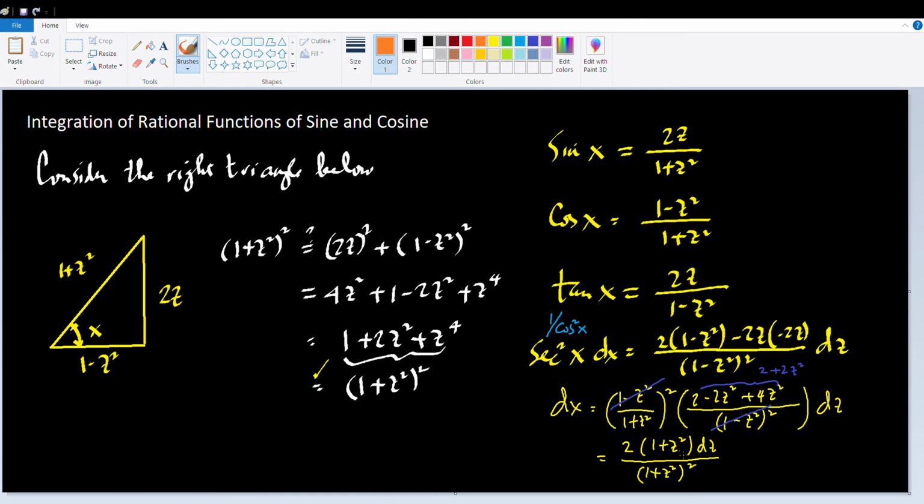And we can cancel 1 plus z squared. So therefore, our dx is equal to 2dz all over 1 plus z squared.